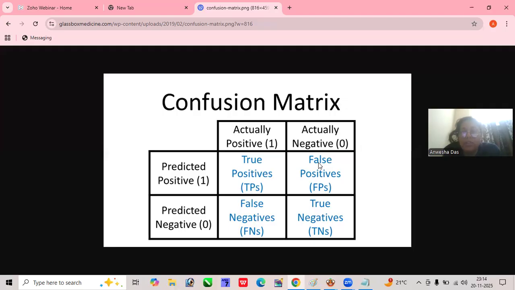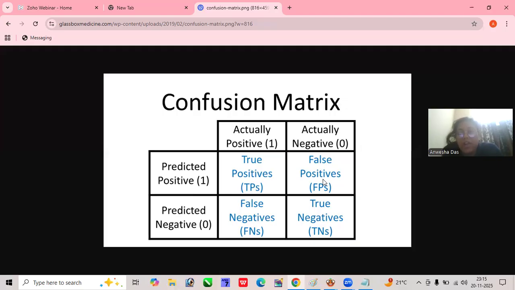The security system is considering you part of this particular office, but you are not. Here, in this example, the actual value is 0 but the prediction is 1. So this is the part of false positive. I think you are clear.